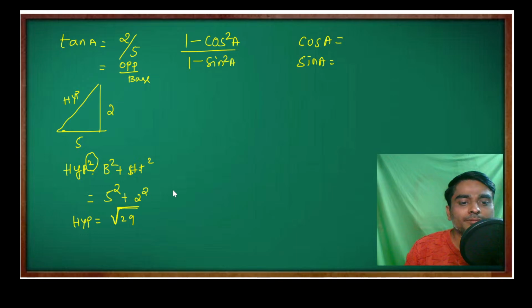Okay, I got it. Now I will write cos a. Cos a means adjacent upon hypotenuse. And sin a is opposite upon hypotenuse. So what is adjacent here? 5.